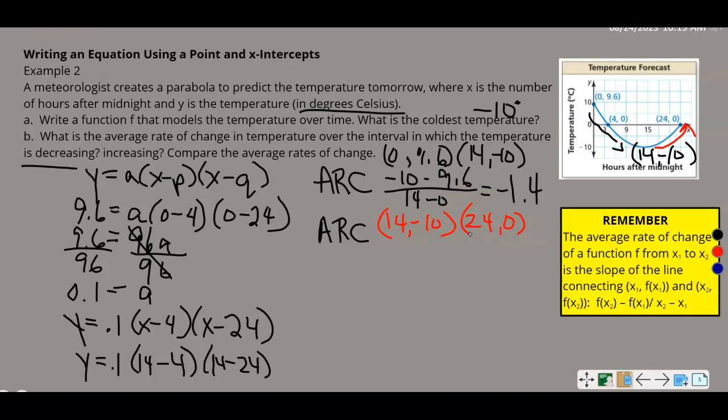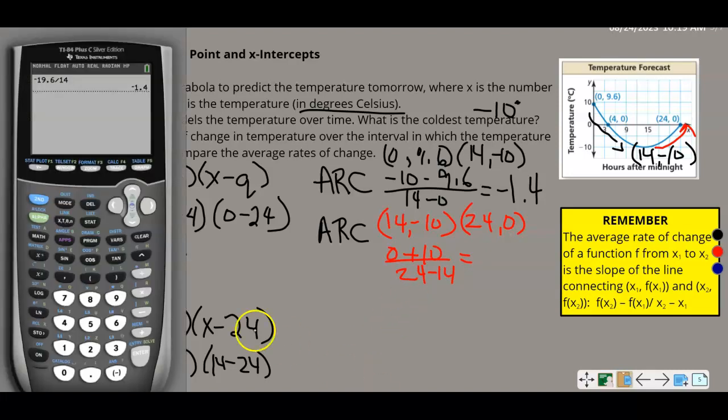We're going to do the same thing. y minus y over x minus x. And again, we did this in Algebra 1, so I know I'm going through this kind of quickly, but this should hopefully be a review. So we're going to have 10 divided by 24 minus 14, which is also 10, so that's just 10 divided by 10, which is 1.